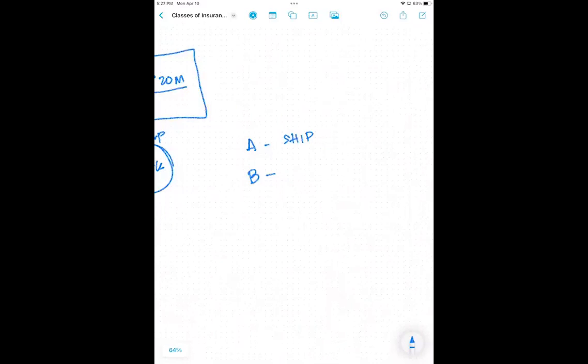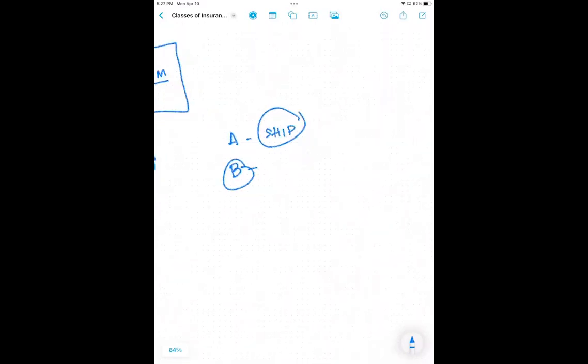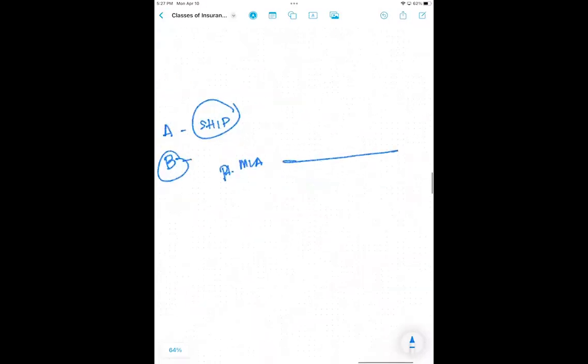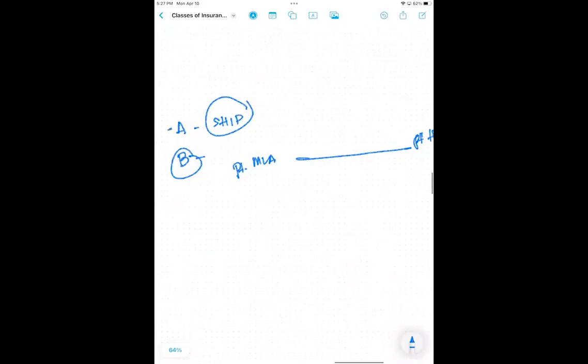So in layman's term, B will charter the ship, and it will be B that will undertake the voyage of the ship from Port of Manila to Port of Hong Kong. Now, instead of A operating the ship, B will be the one that will operate the ship under charter.